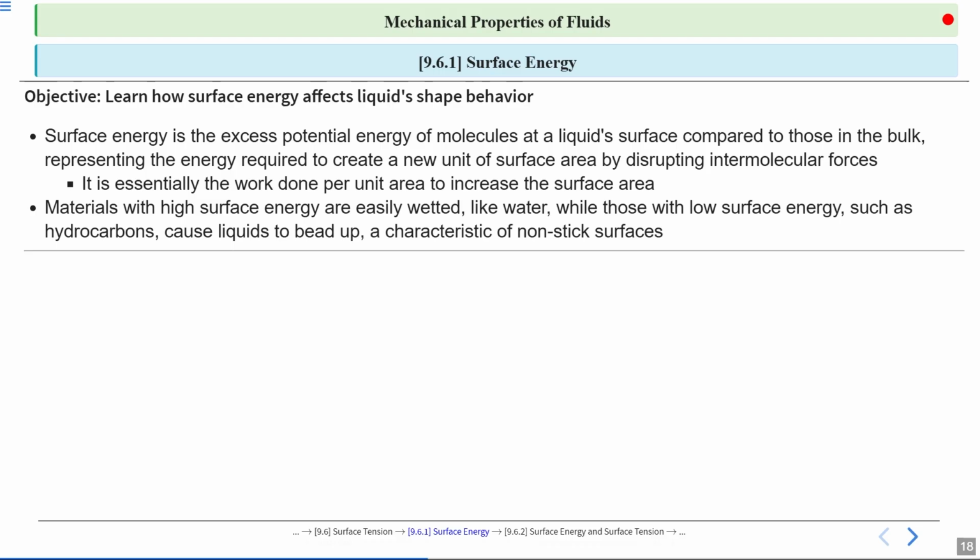Materials with high surface energy are easily wetted, like water, while those with low surface energy, such as hydrocarbons, cause liquids to bead up, characteristic of non-stick surfaces. This explains why water forms droplets on a waxed car but spreads out on clean glass.